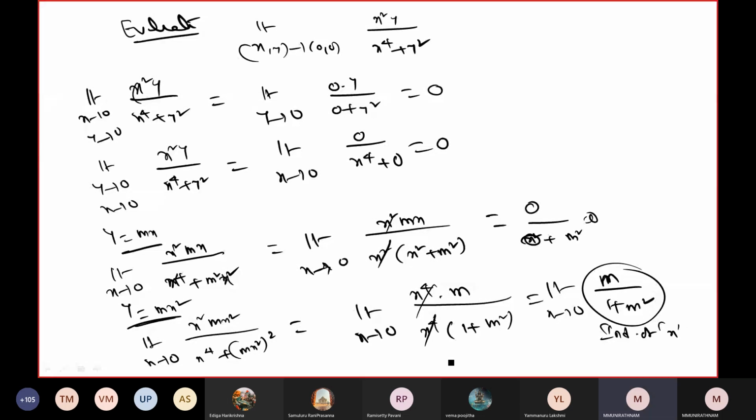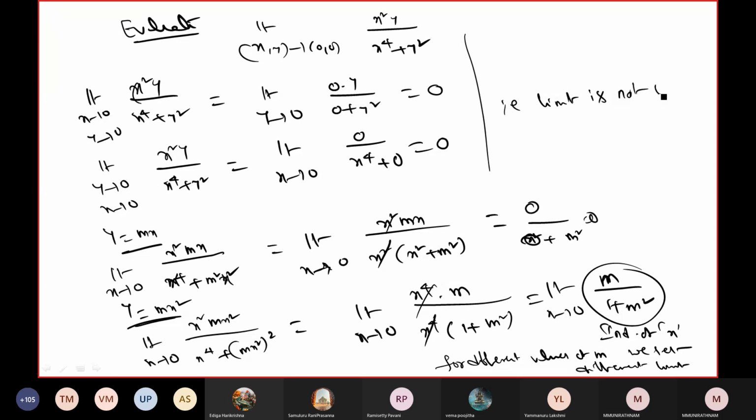So for different values of m, we get different limits. That means the limit is not unique. Therefore, the limit does not exist. Okay? Here we got 0 when we did this, and here we got some constant. So the limit does not exist.